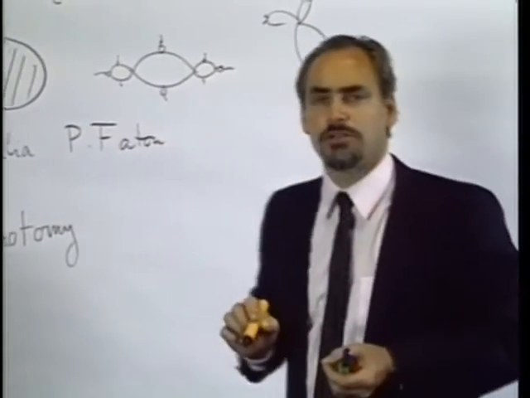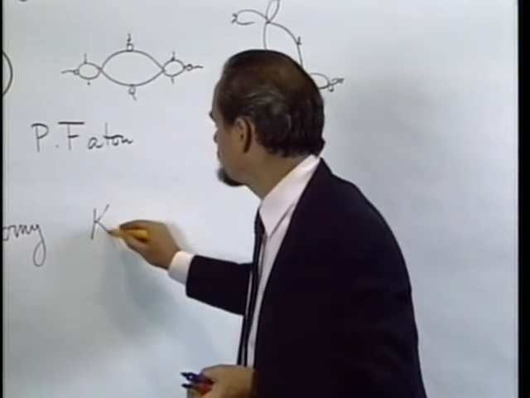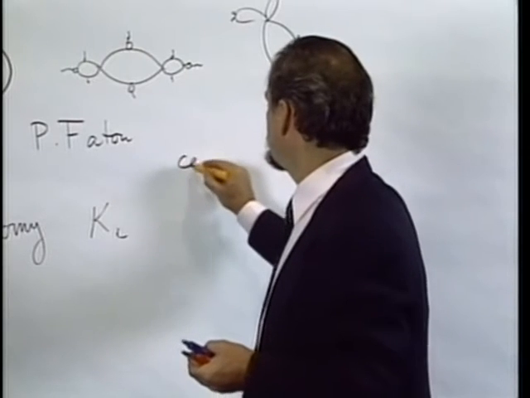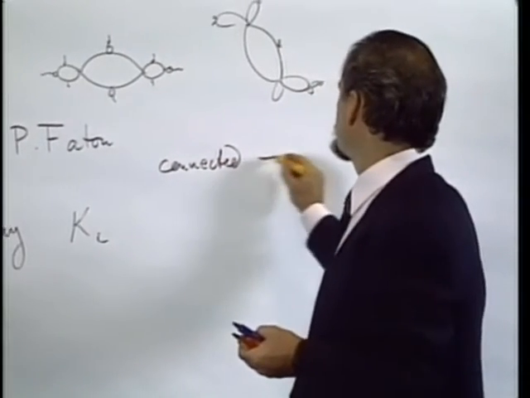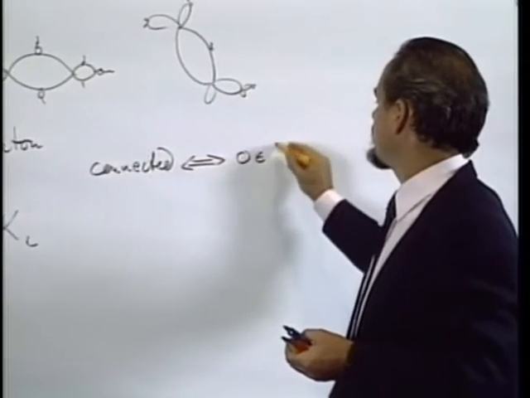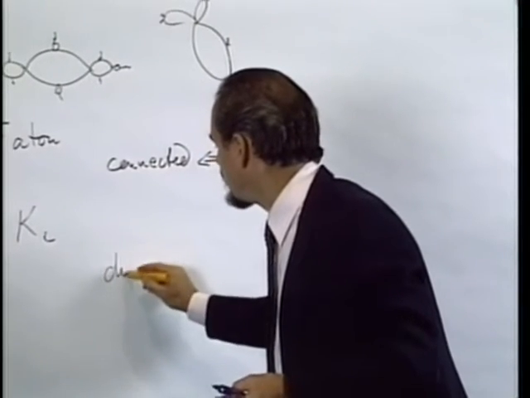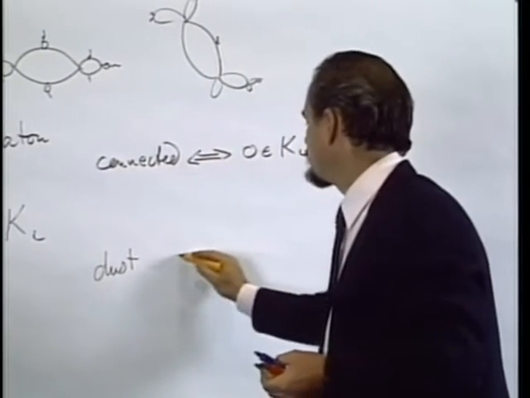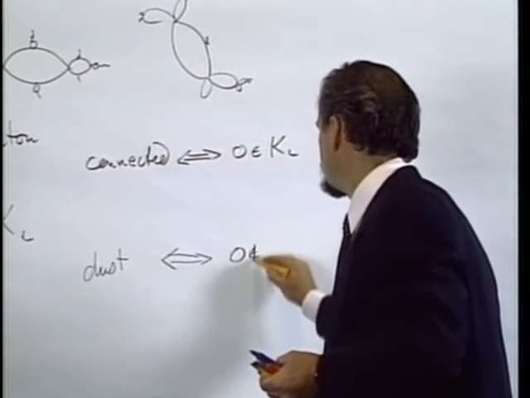This dichotomy goes as follows. There are 2 possibilities. Either K_c is connected, and that occurs if and only if 0 is in K_c, or K_c is simply a dust. And that occurs if and only if 0 is not in K_c.